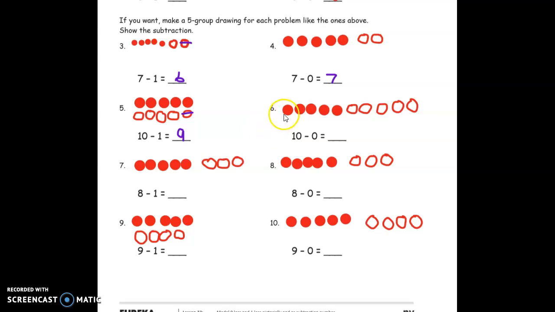Number 6, 5, 10. 10 subtract 0. We don't take any away. How many do we have left? 5, 10.